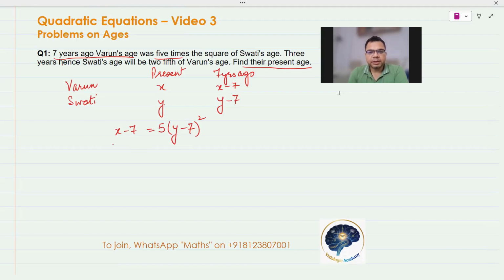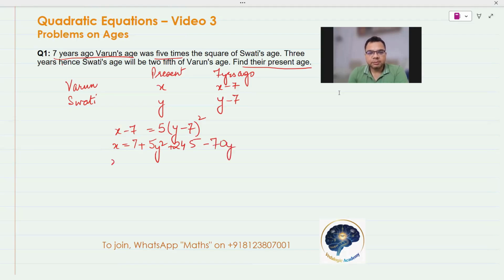So if I open it, and I'll take the 7 to the right hand side, it becomes plus 7 into (y minus 7) square, which becomes y square into 5 is 5y square, and this becomes 49. 49 into 5 is again 245. 5 nines are 45, 4 5s are 20, 22, 245. And it becomes minus 14y, which into 5 becomes minus 70y.